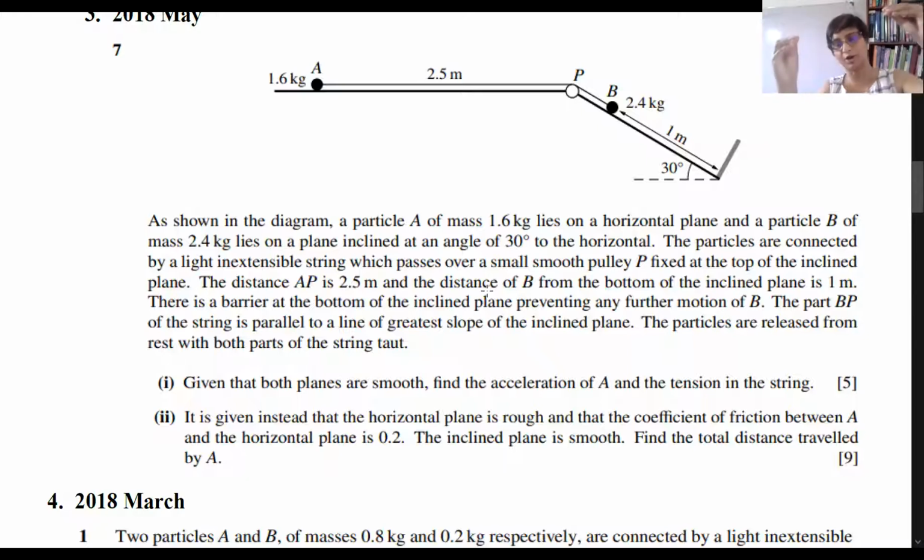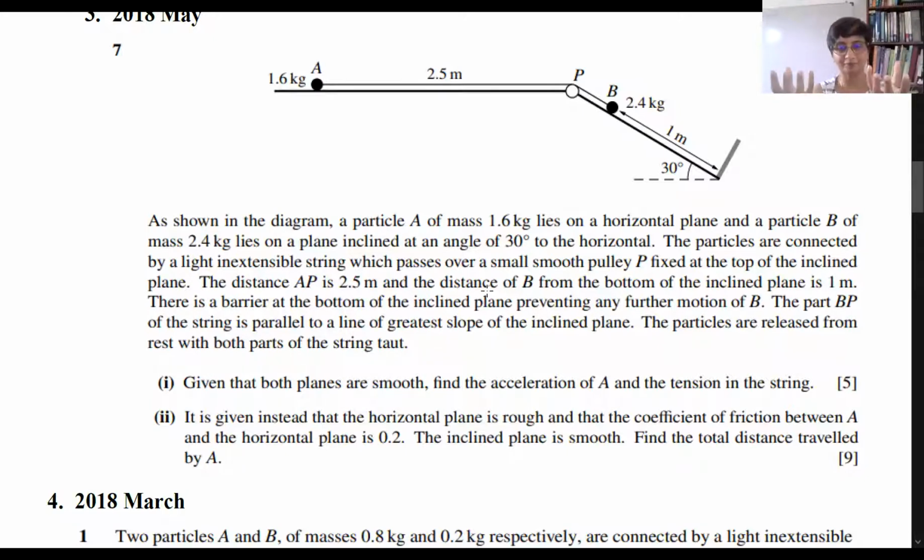Now B will come down. So when B moves 1 meter up to the barrier, A would also move 1 meter towards the pulley, and then B will hit the barrier. This is just like in the first question, where one particle hits the floor, and what happens to the other particle? Same scenario, but it's in a different arrangement.